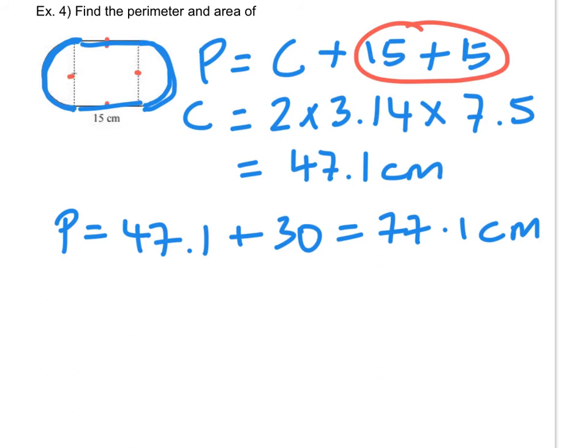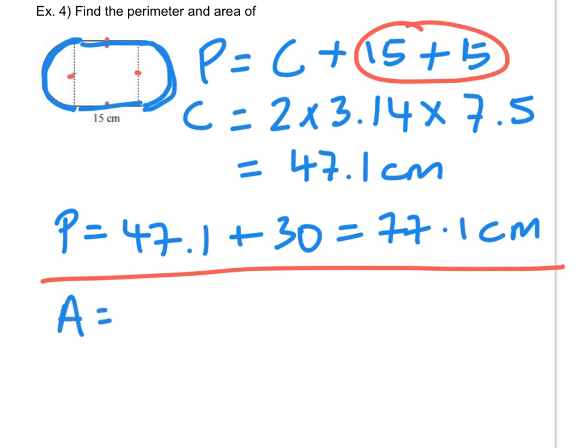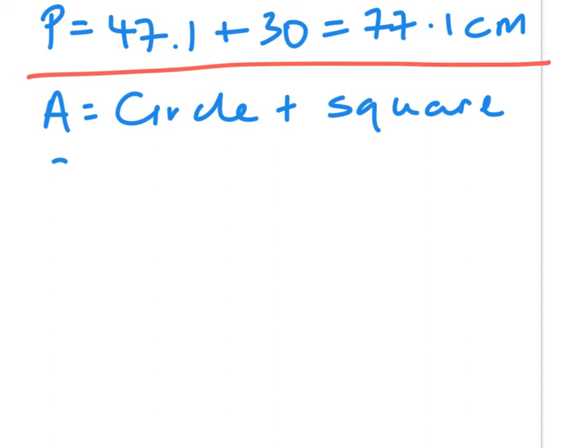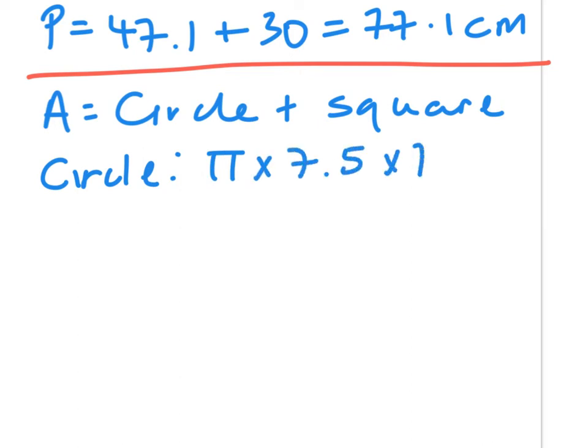And now for area, I'm just going to draw a line across underneath it. We're going to find area is equal to the circle plus the square. So the area of the circle is pi times r squared, which is pi times 7.5 times 7.5.